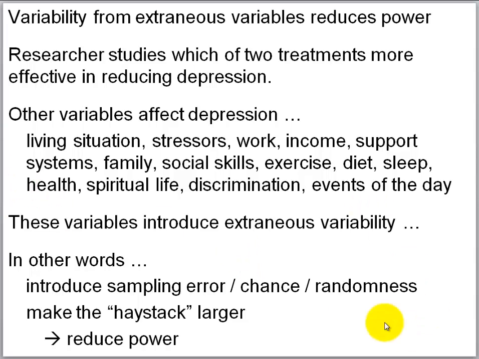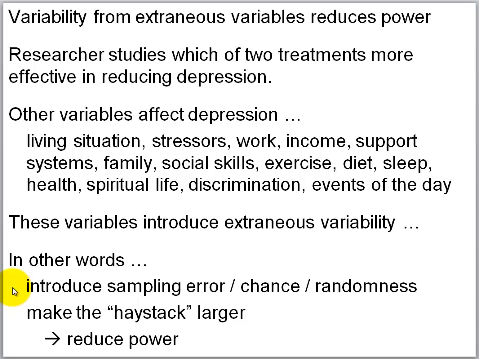If each of these variables is indeed affecting depression level, what in essence these variables are doing is adding extraneous variability. We're not measuring these variables, but they are having an effect in our experimental situation. What these variables are doing is, in essence, making our haystack larger. They're introducing additional sampling error, chance, randomness to our situation.